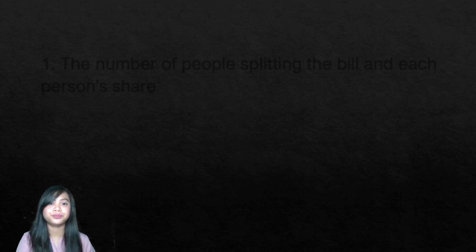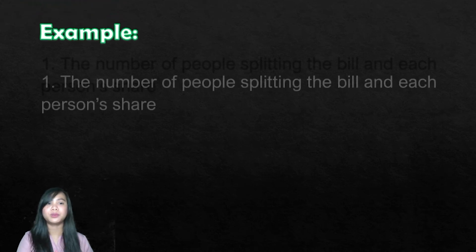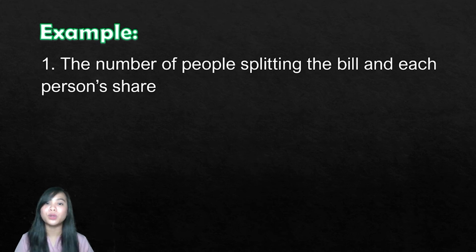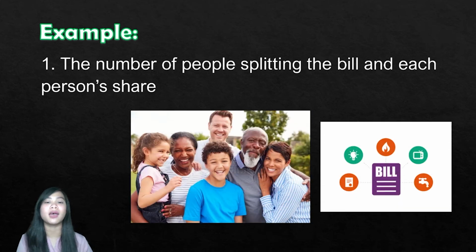Let's have an example for the inverse. The number of people splitting the bill and each person's share for that bill. The people who are earning money are the ones who will pay for the bills.